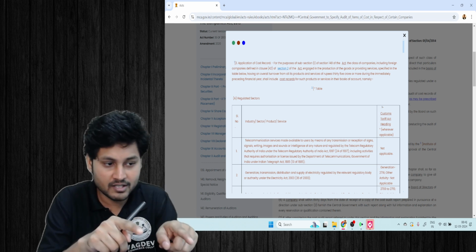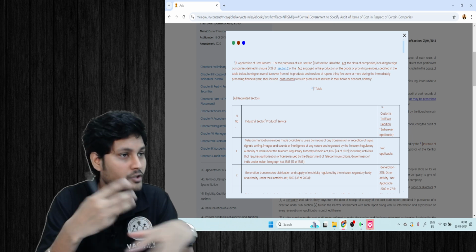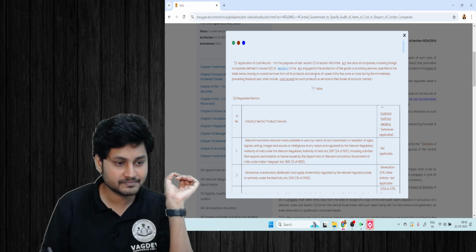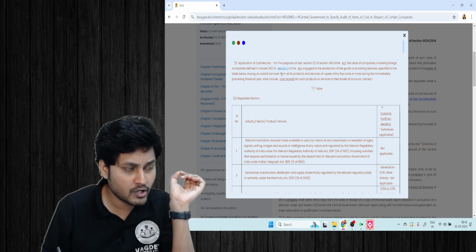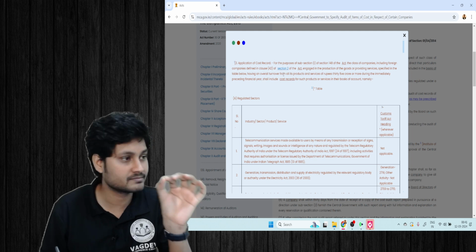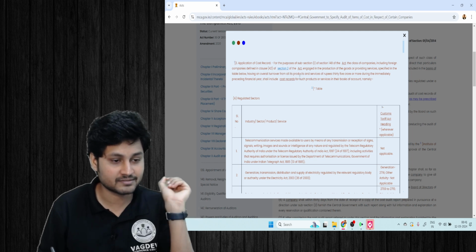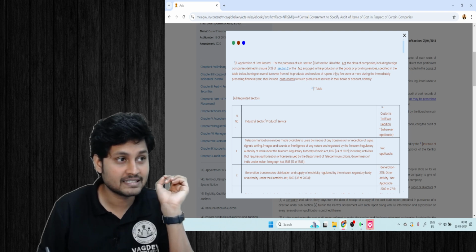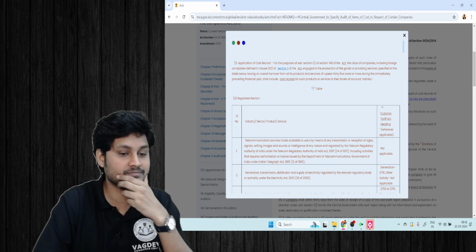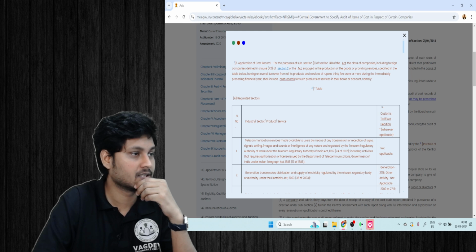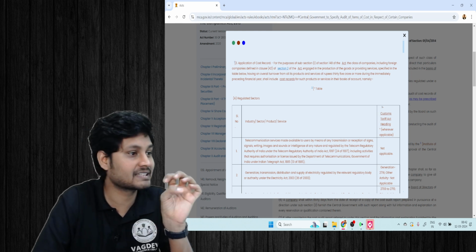For all these regulated and non-regulated sectors, see here in the first paragraph, the condition is having an overall turnover from all of its products and services of rupees 35 crores or more during the preceding financial year. So this is rule number 3.